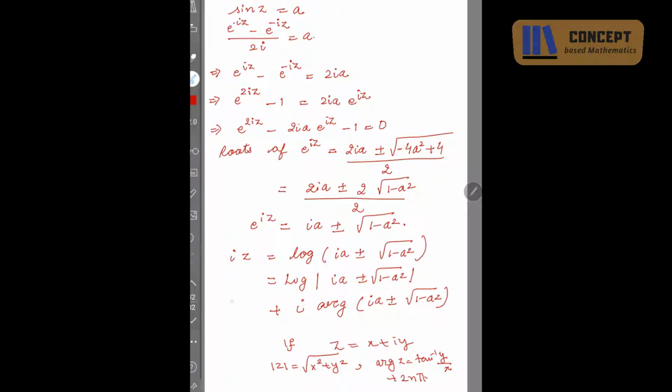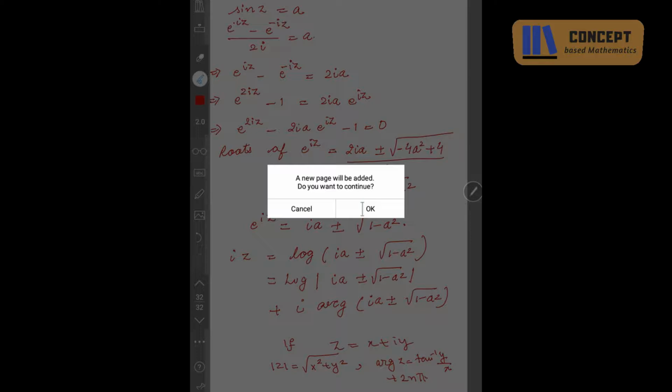So next, this iota z is equal to log of the modulus of iota a plus minus root of 1 minus a square, that is 1 minus a square plus a square, under root also.